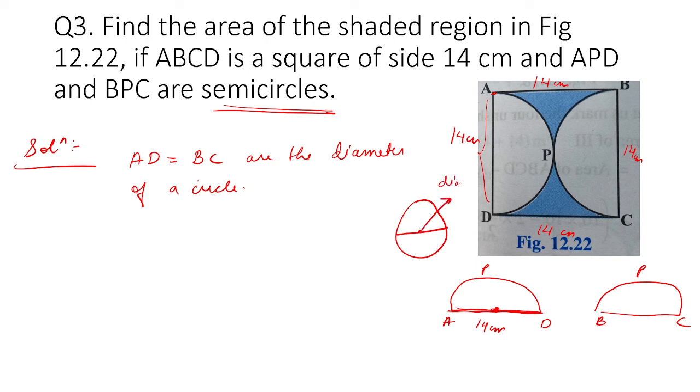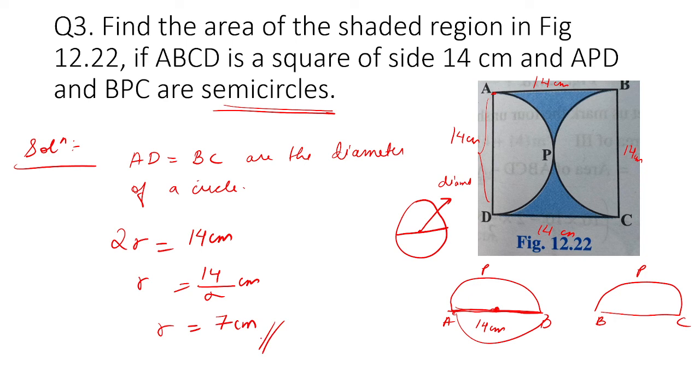So the diameter of a circle is 2r, and the diameter of this circle is given as AD, which is equal to 14 centimeter. So the radius is going to be 14 by 2, that is, 7 centimeter. This is the radius.